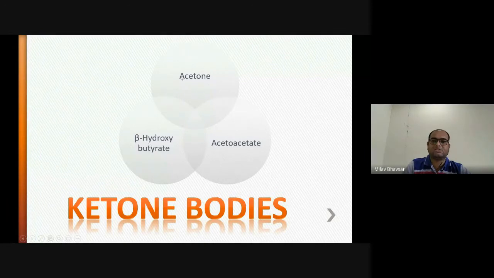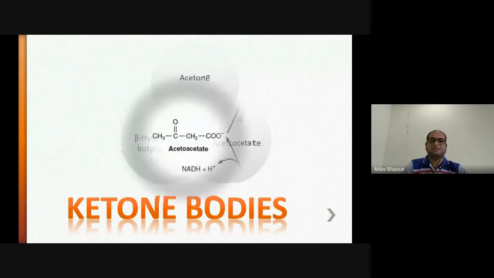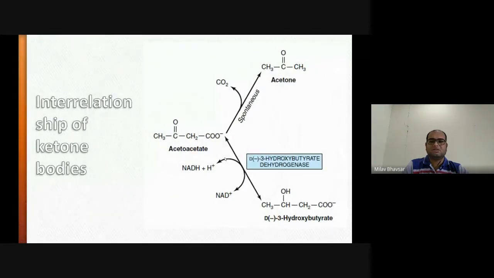Out of these, acetone is evaporable, so it gets excreted through the lungs. So the working ones are beta hydroxybutyrate and acetoacetate. How are these generated? Acetoacetate is the main one, which is generated from acetyl coenzyme A. It can be spontaneously converted with the liberation of carbon dioxide into acetone, or with the help of NADH, it can be converted to beta hydroxybutyrate.